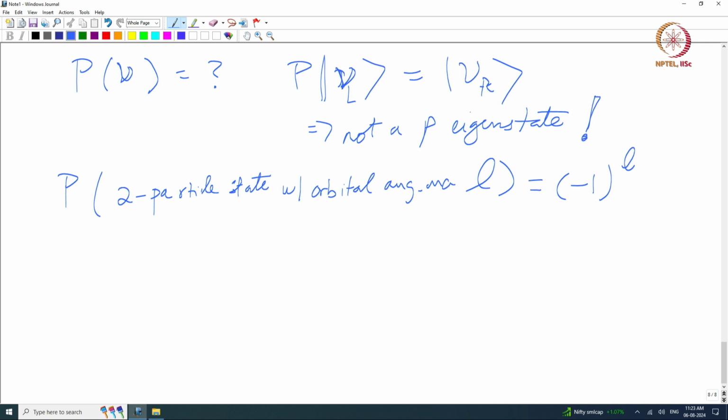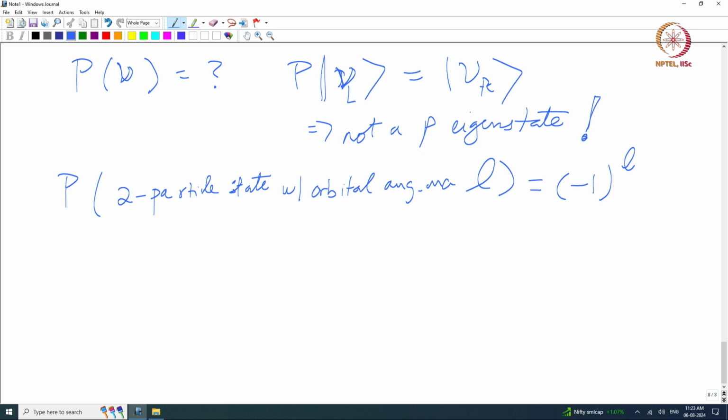Go look at the spherical harmonics and you can convince yourself. If you take an electron and a proton, look at the wave function, you can convince yourself of this. I will probably give this as an assignment problem also.